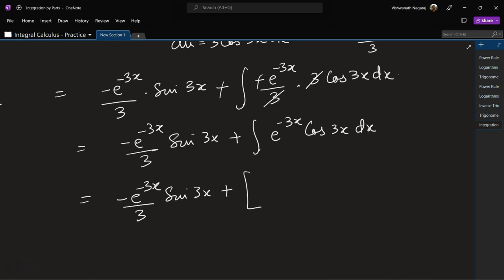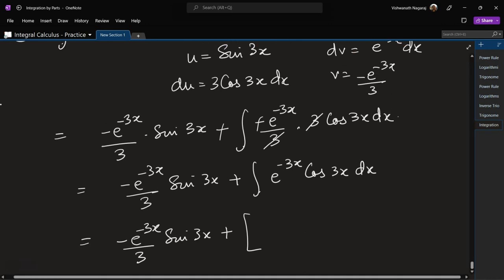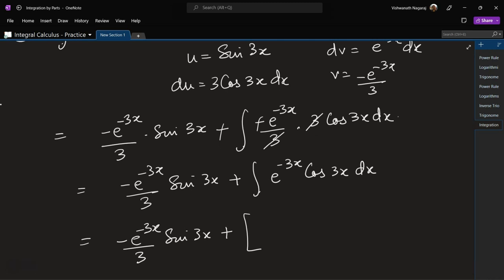Minus e to the power of minus 3x by 3 sine of 3x plus. Now can we see a pattern and figure it out? This would become our new u. This will become dv. Since we have already done it many times, let me just directly write it.